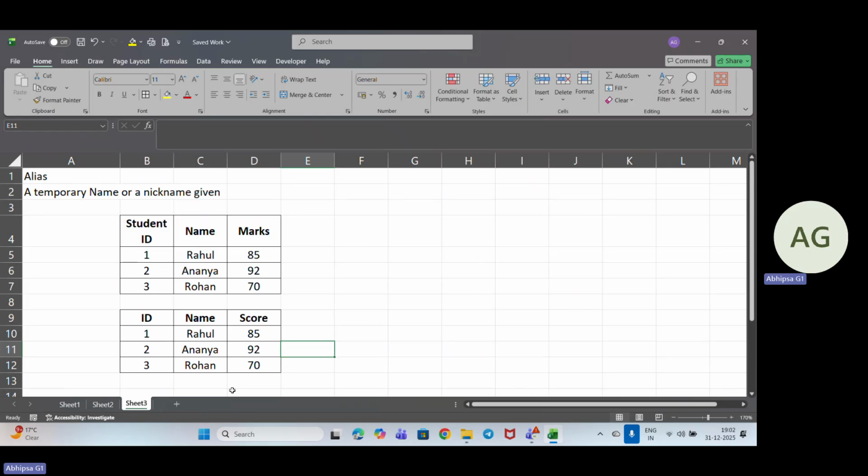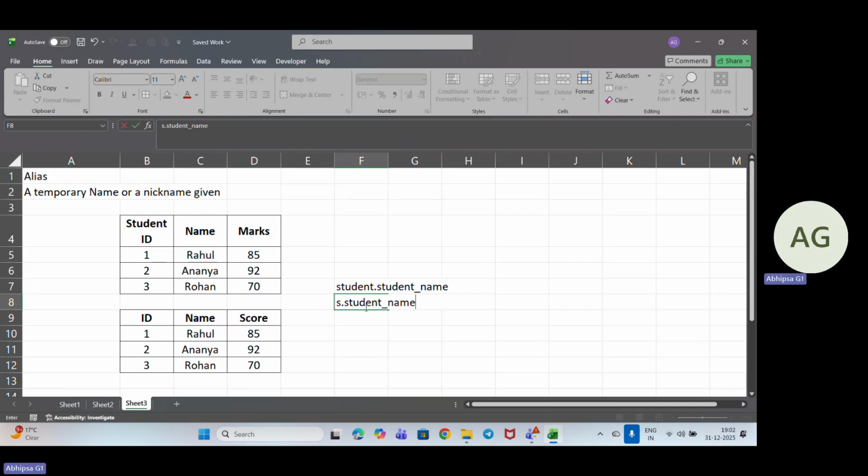So what is a table alias? A table alias gives a short name to the table. Suppose instead of writing student.student_name or student.marks, we can write S.name or S.marks.